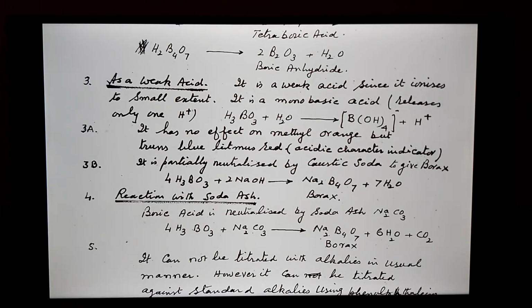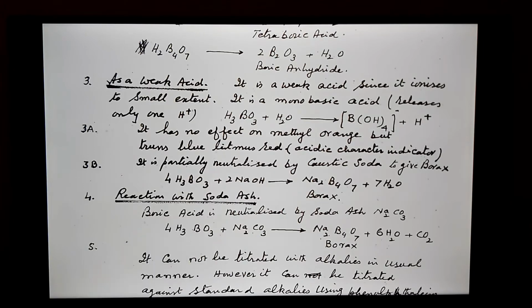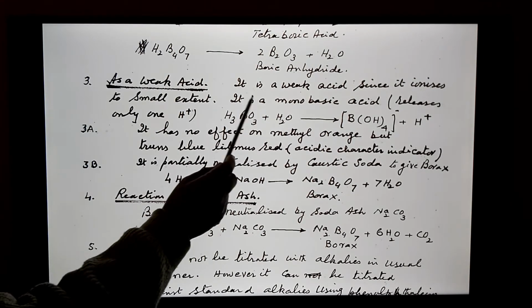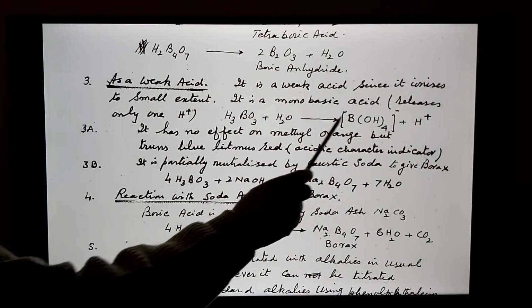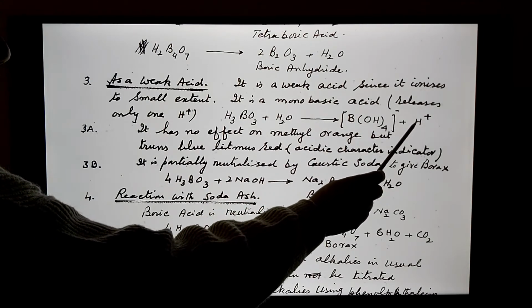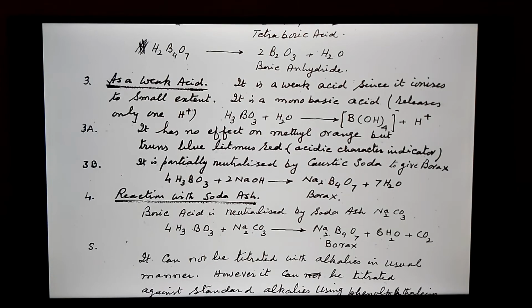So when we say orthoboric acid is a weak acid, it means it produces very few hydrogen ions. How does it produce them? Orthoboric acid plus water. We know water is HOH. The OH part of the water is absorbed by boron and hydrogen ion is released.